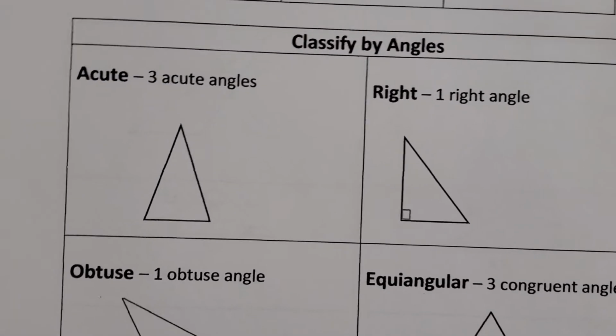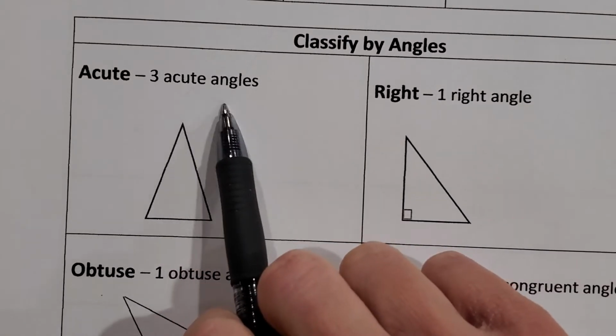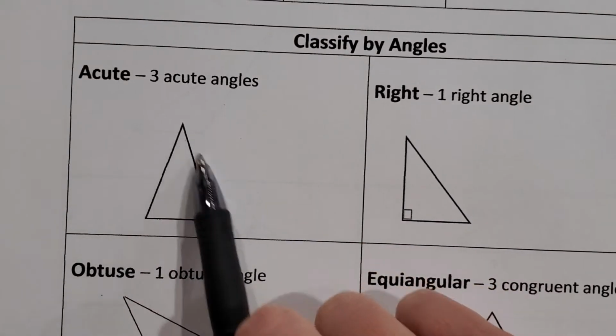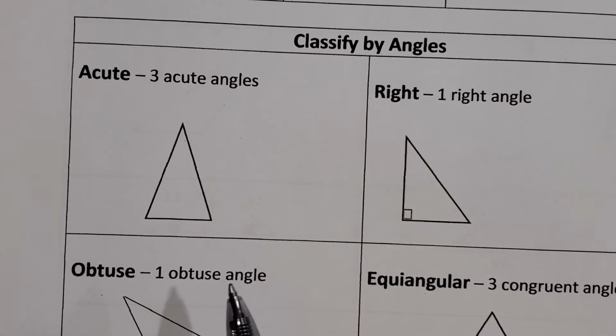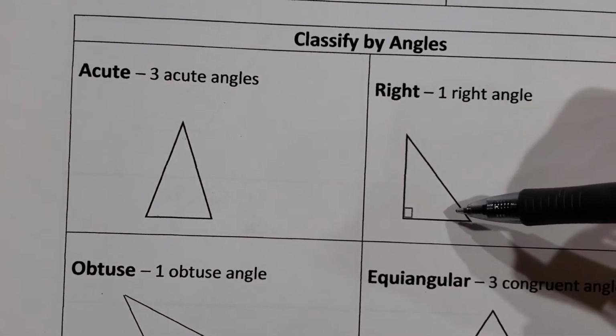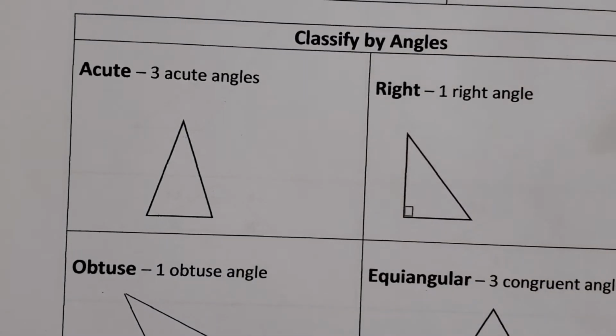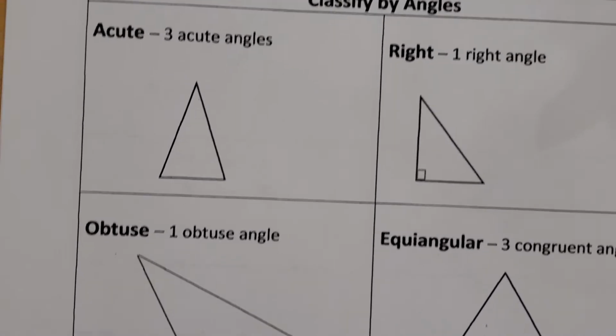What if we wanted to classify them by angles? On angles, there's four options. If all of them are acute angles, and remember, acute angles are angles between 0 and 90 degrees, we call it an acute triangle. If we have one angle in the triangle that is a right angle, which is a 90-degree angle, that's what that little box right there represents, we call it a right triangle.